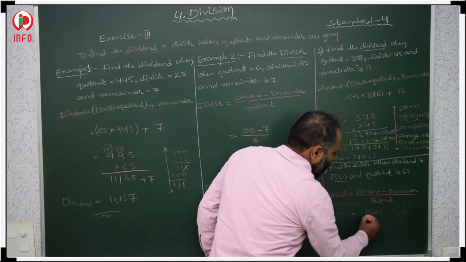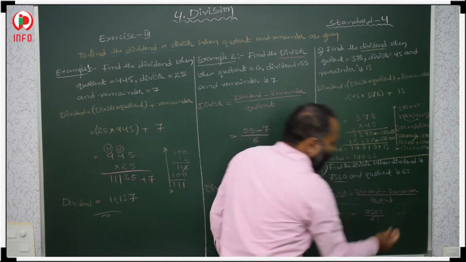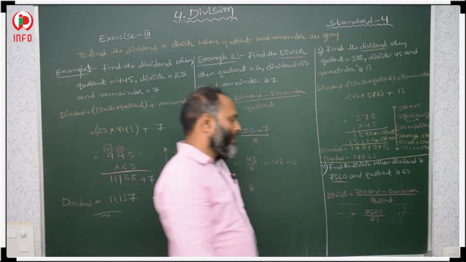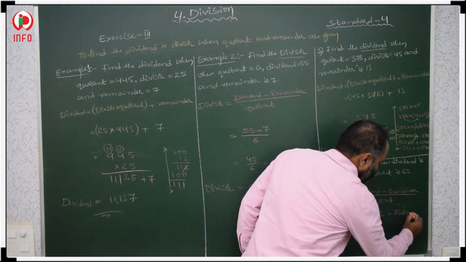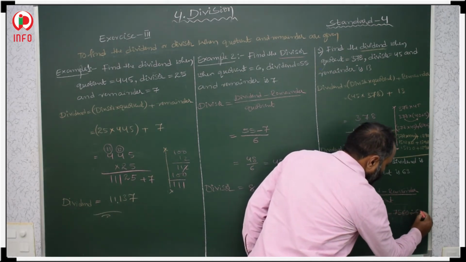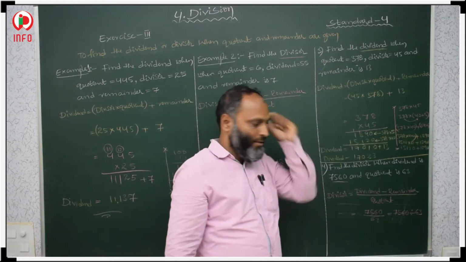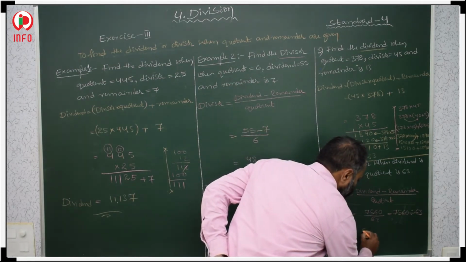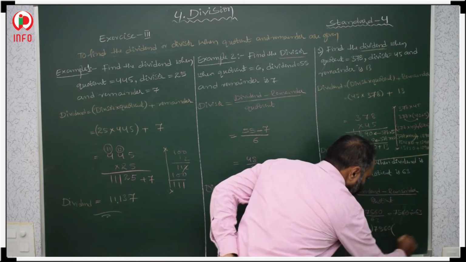Dividend is 7560, quotient 63. There is no remainder, which means remainder is 0. So 7560 divided by 63. We have to divide 7560 by 63, then we will get the divisor.